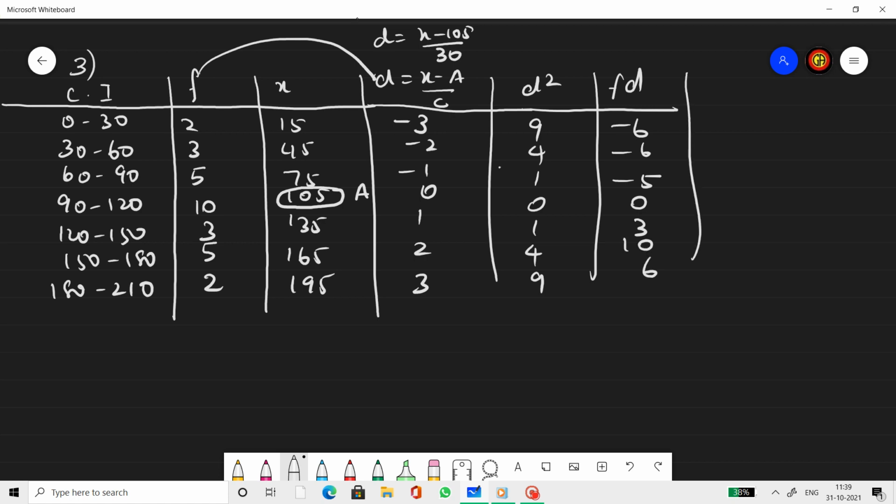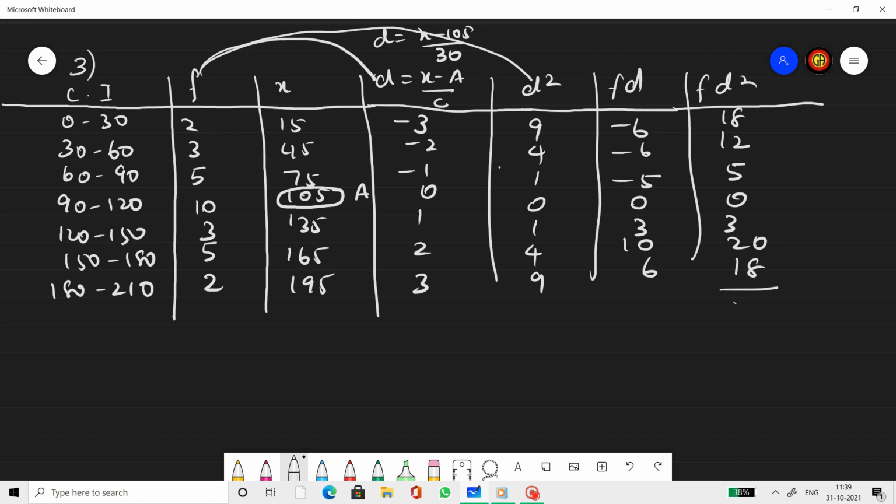Then f into d square multiplication. So d square is already 9 into 2, 18, 12, and then 5, 0, 3, 20, and 18. So this total is 76, the total of fd is 2, and the total of f is 30.